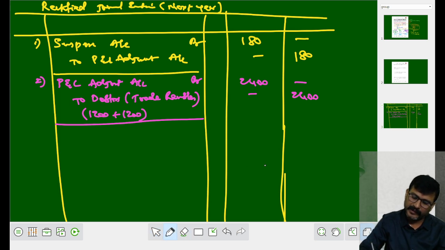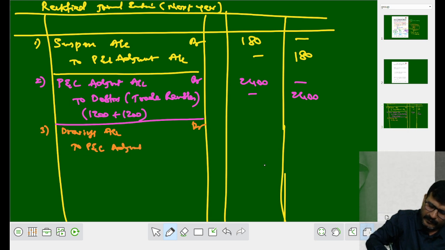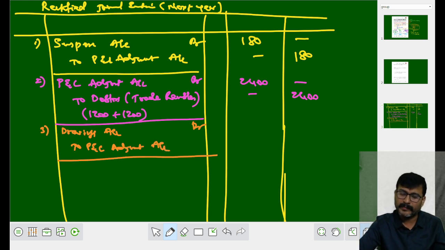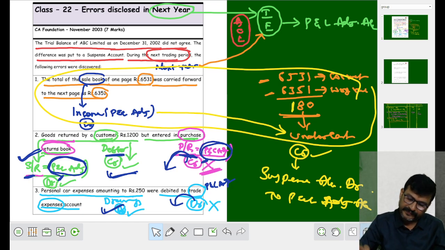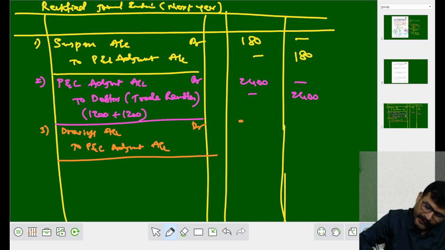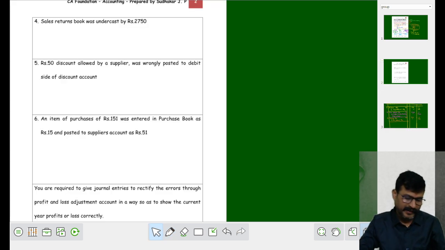That is entry number 3. Because trade expenses is an expense, that is to be replaced with P&L adjustment account. How much amount, my dear students? An amount of rupees 250. Being wrong debit to trade expenses account is rectified.